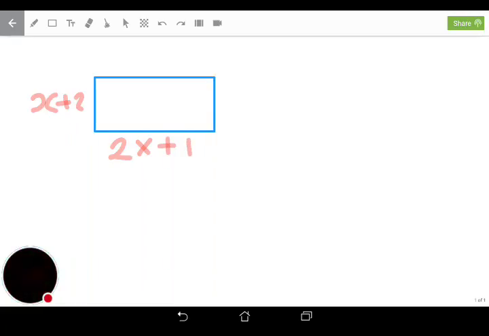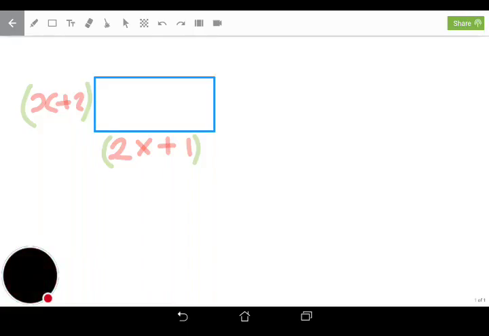Now, as you can see, this is going to be times in algebra. So I'm going to add brackets to these. By adding brackets, as you may remember, this turns it into expanding two brackets. I think there was a video last week on how to expand brackets.